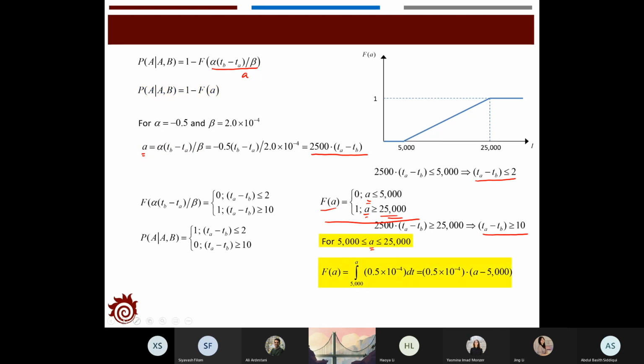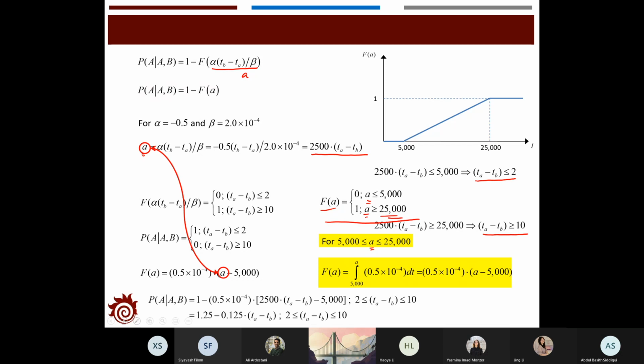So what do we get for those in between? If we replace A with 2,500 times TA minus TB, you eventually get that the probability of choosing A is 1.25 minus 0.125 times TA minus TB.